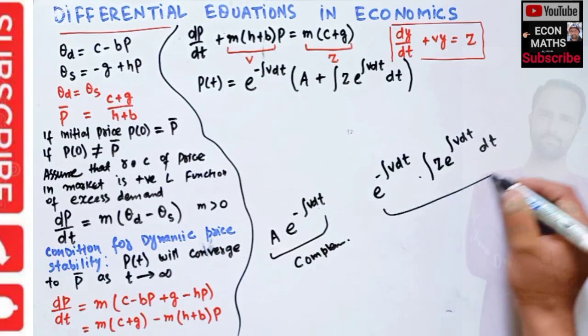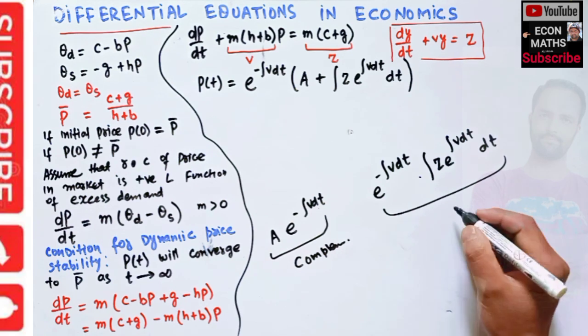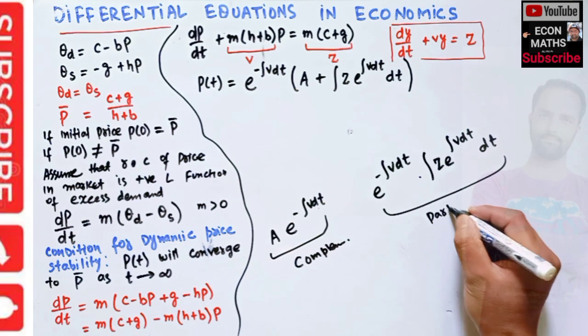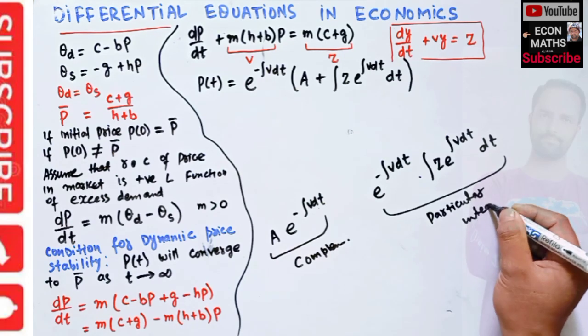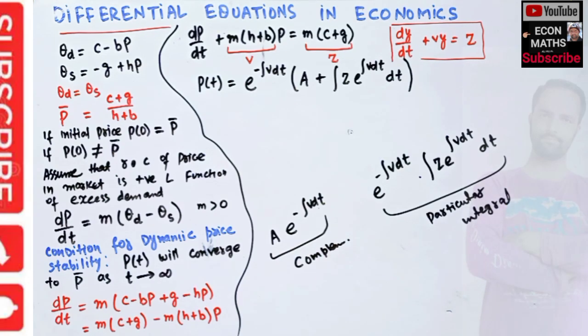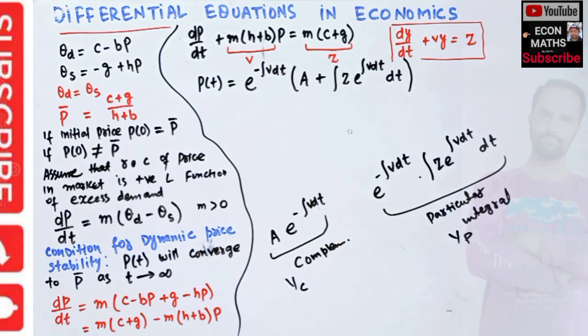Okay, this thing, if I solve this, it will become this. This is called the particular integral. Okay, so this is called the complementary function, this is called the particular integral.